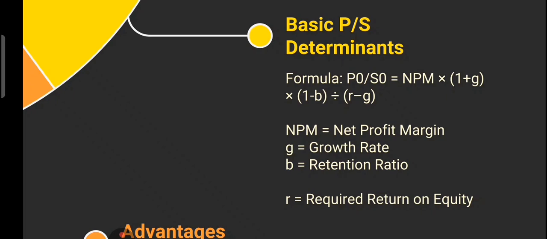This is the same thing we did in the previous P/B case, but here NPM and (1 plus g) are two extra things. NPM means net profit margin, g is the growth rate, b is the retention ratio, and small r is the required return on equity. So this is called the basic P/S determinant.